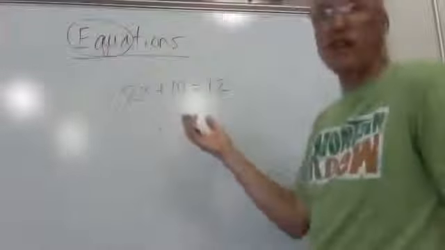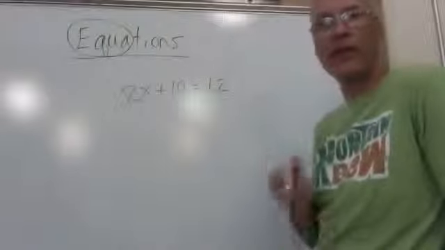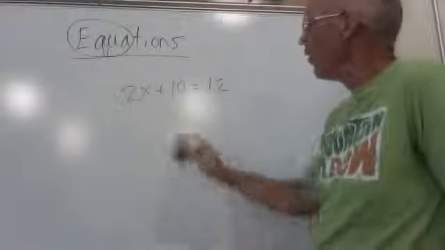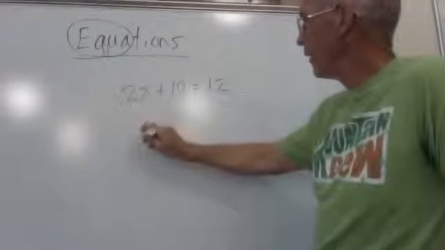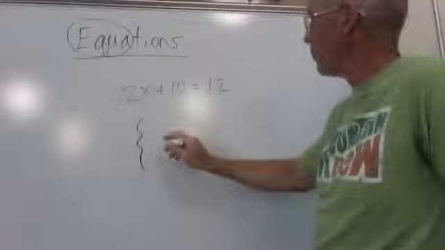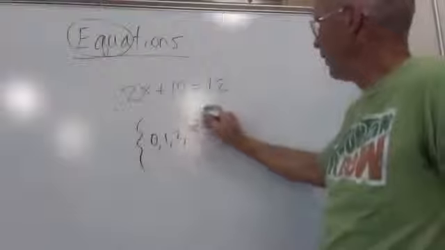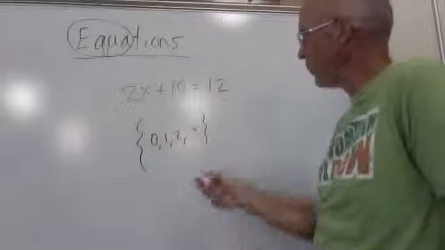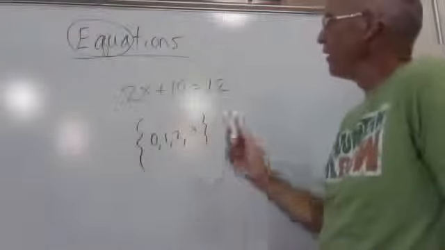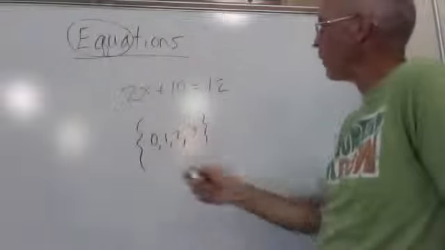Well, they could say, just tell me what x is, and then you'd have to kind of guess and check. Or sometimes they'll give you a set of numbers, 0, 1, 2, 3, and they'll say, from this possible solution set, give me the solution to this problem.